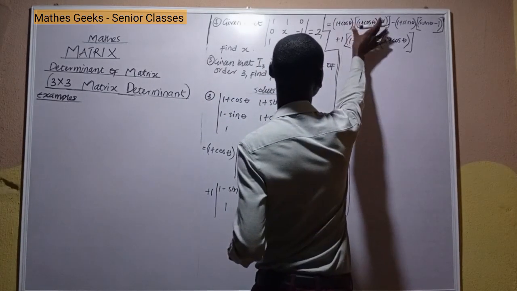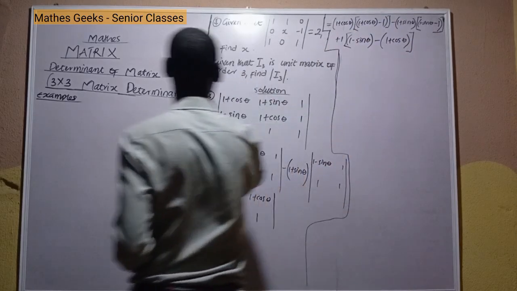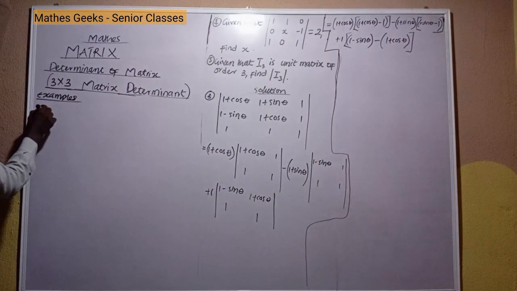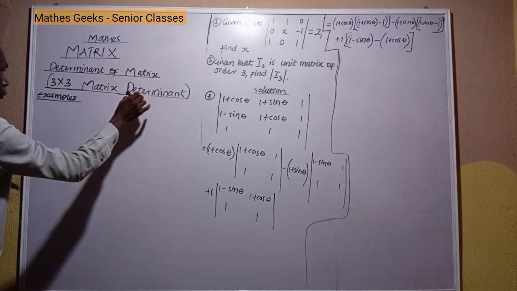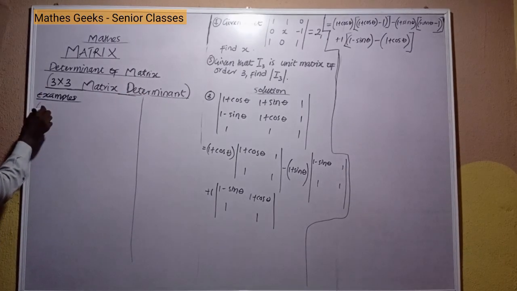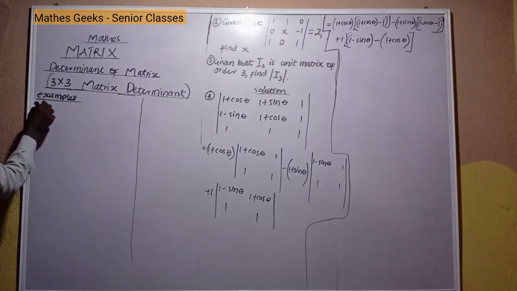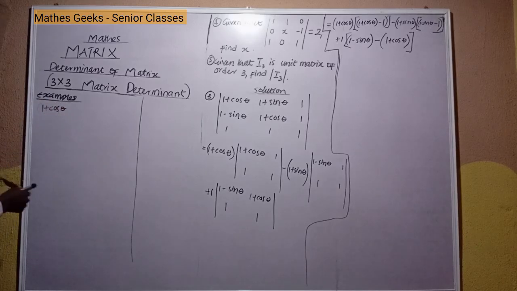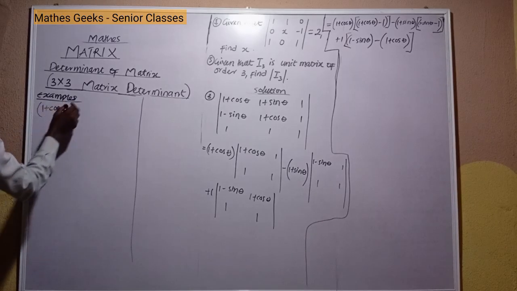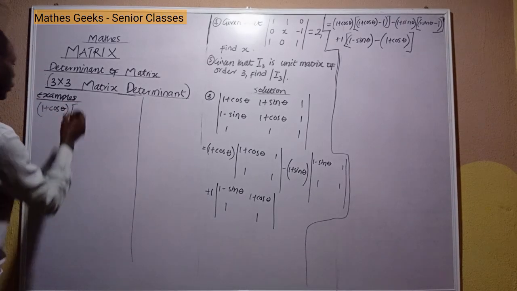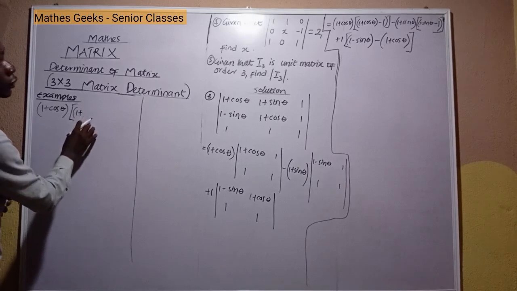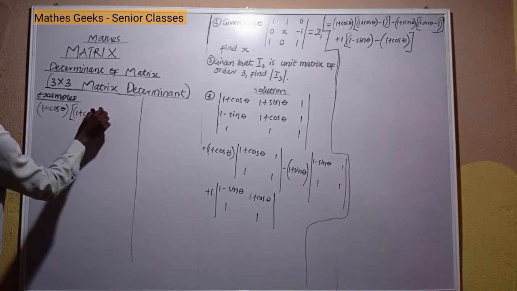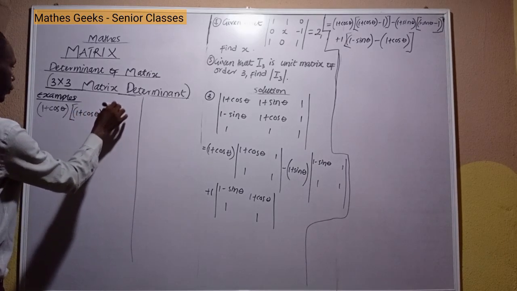So let's evaluate this part first of all. From here, 1 plus cos theta, 1 plus cos theta, 1 plus cos theta, minus 1.